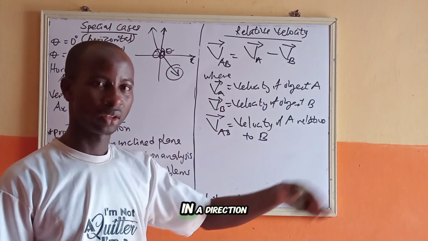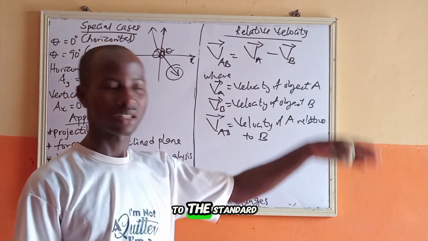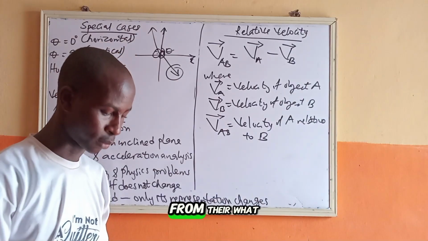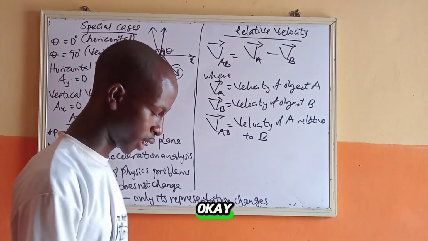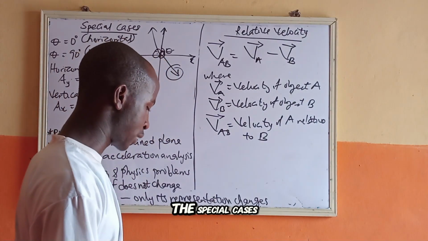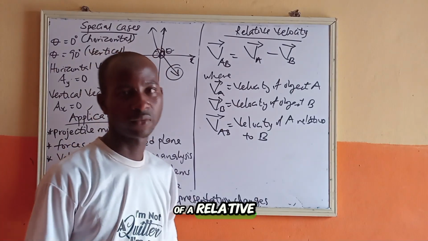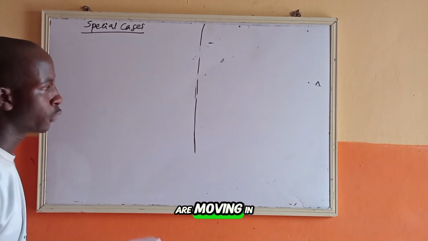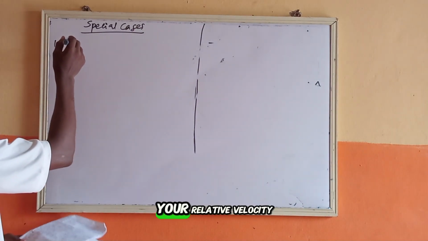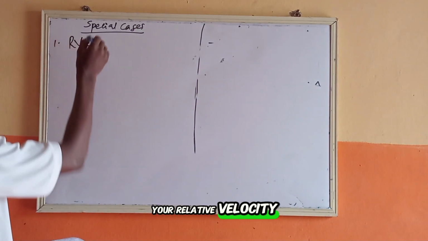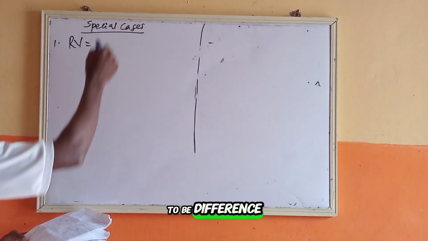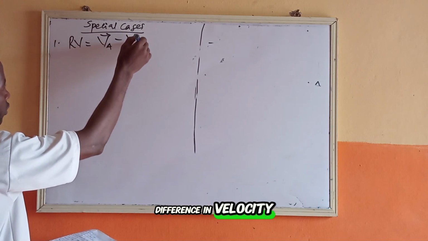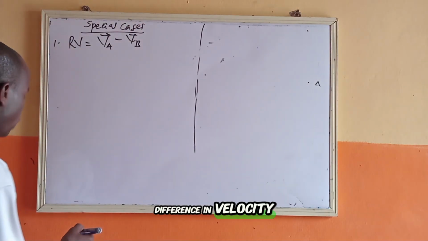In position and direction, relative to the objects that cannot move from their position. Okay. So now let's look at special cases of relative velocity. What you need to take note of is, if the objects are moving in the same direction, your relative velocity there is going to be the difference in velocity.